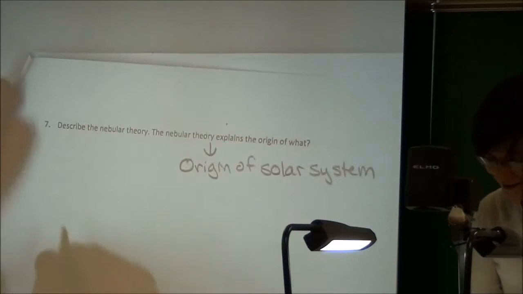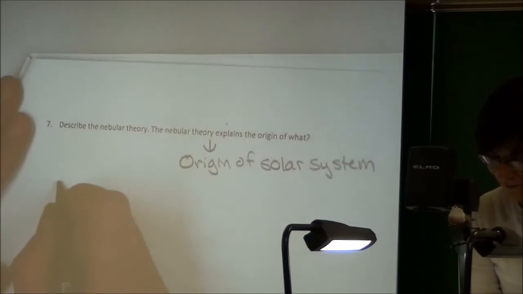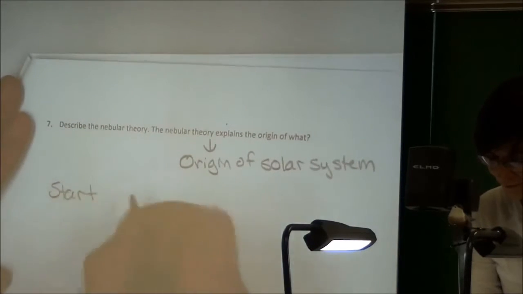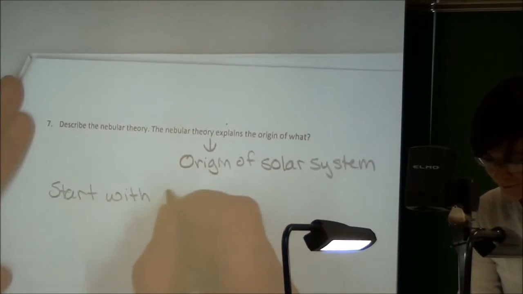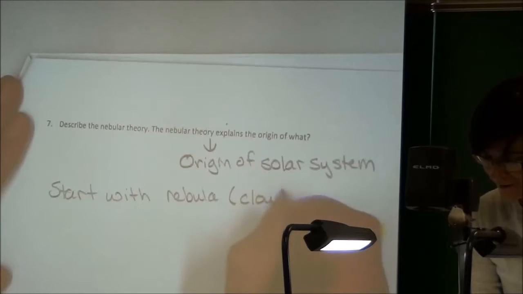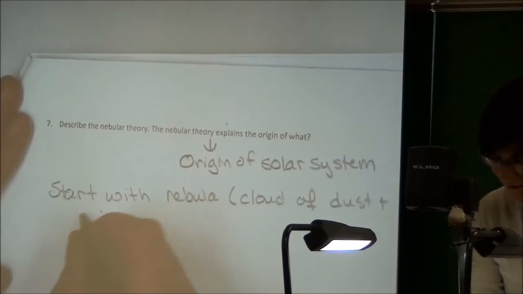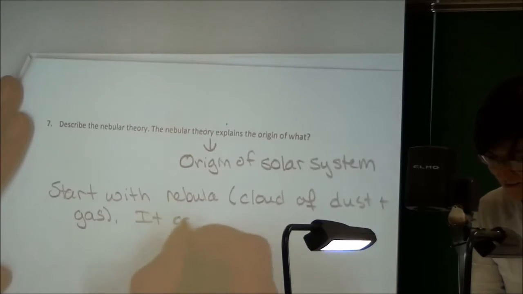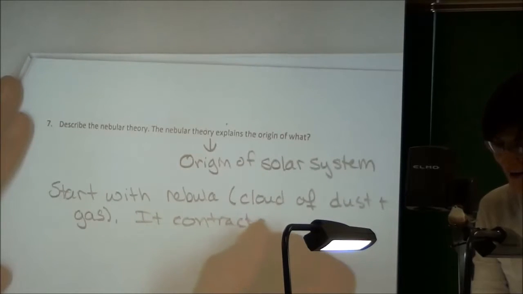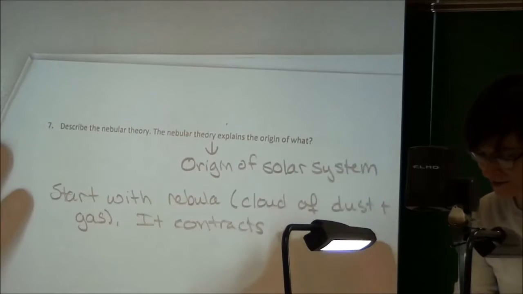So we start with a nebula, which is a cloud of dust and gas. It contracts. Why? Gravity. It attracts due to gravity.